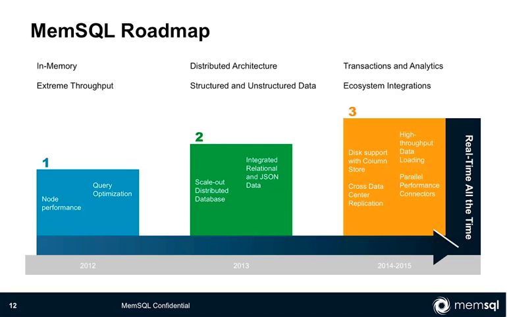And we also added the capability to integrate unstructured data through JSON. And so it's interesting that now we're able to combine both the structured and the unstructured in a single database, giving tremendous flexibility to customers who have to deal with both data types.